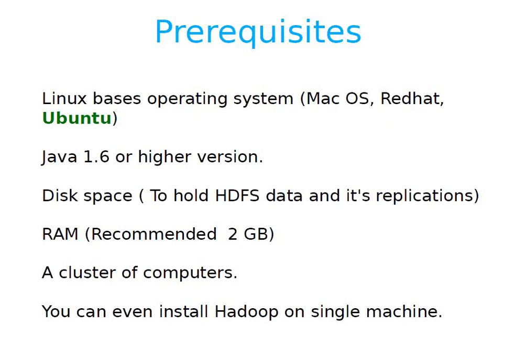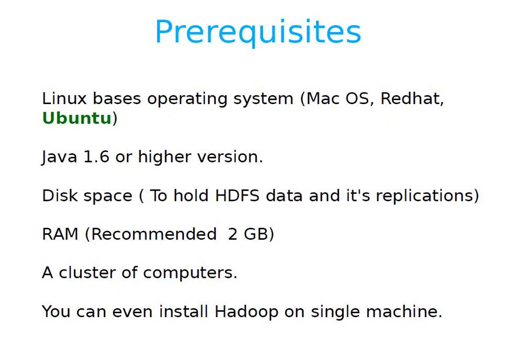So ultimately, there will be two operating systems on your system. When you reboot your system, it will ask for operating system selection. Either you can go with Windows or you can go with Ubuntu. Depending upon the requirement, if you are doing your personal stuff, you can go with Windows. If you are doing the practical things on Hadoop, you can go with Ubuntu. So that was the very first and most important requirement.